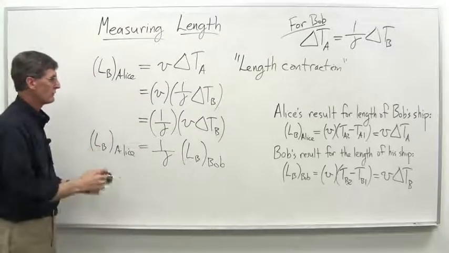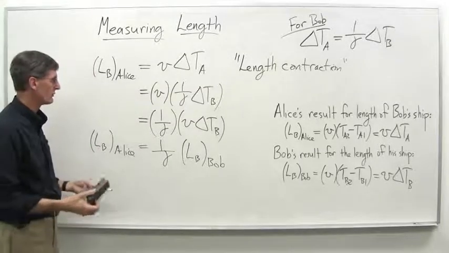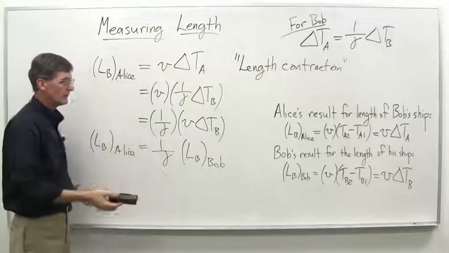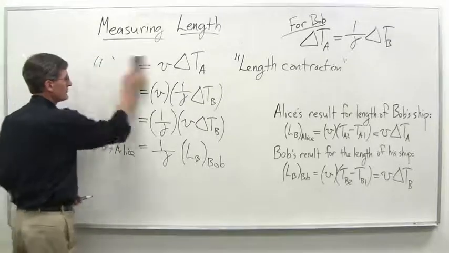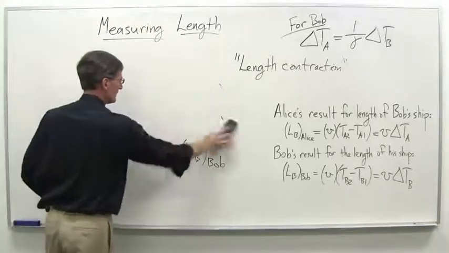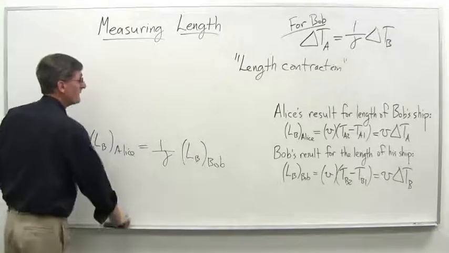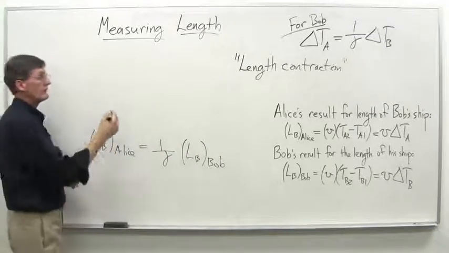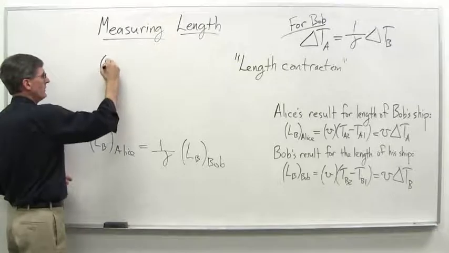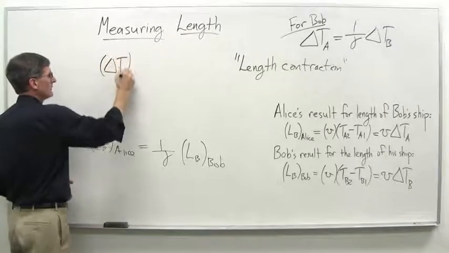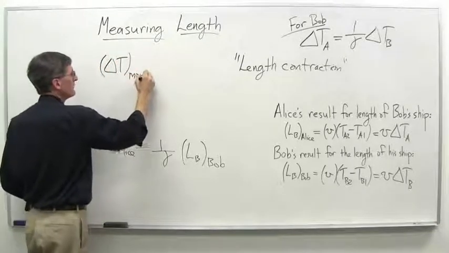So let's write our two equations in general terms here because we've been using Alice and Bob with them. So let's do it like this. For the time dilation equation, we have delta t moving.